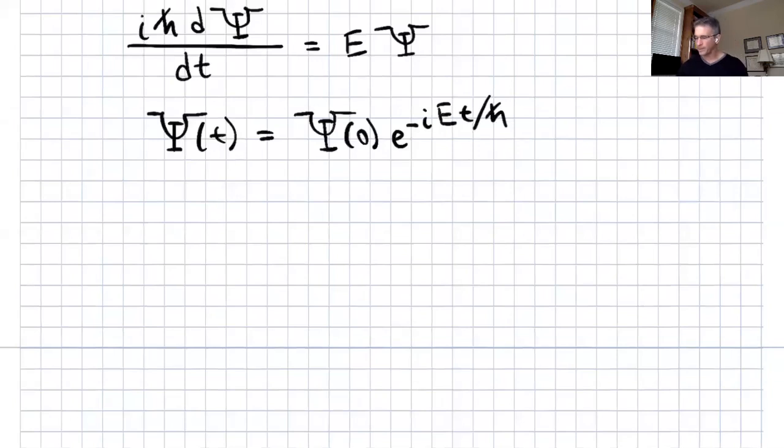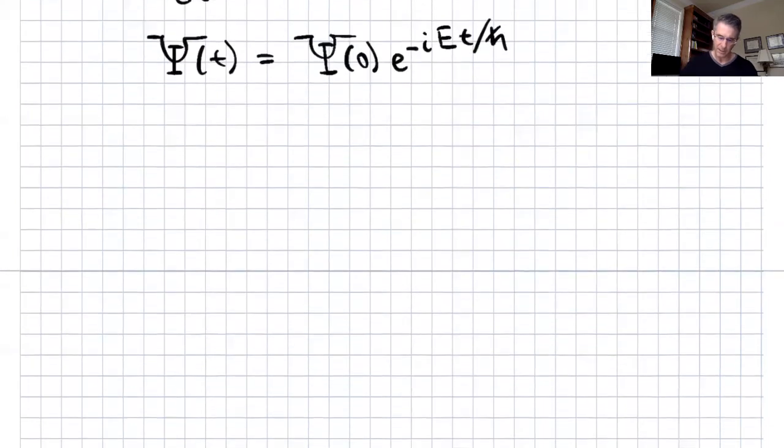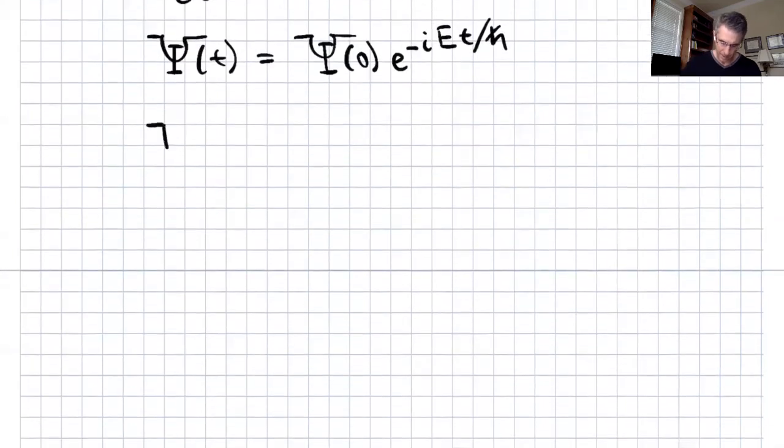Now that's kind of cool, because I can write this in a slightly different way. What that means is that the time dependence of that wave function is simply equal to a constant times this exponential function of time multiplied by energy, and it has this imaginary component to it, right? But it lets me rewrite the amplitude of that function with the lowercase psi.